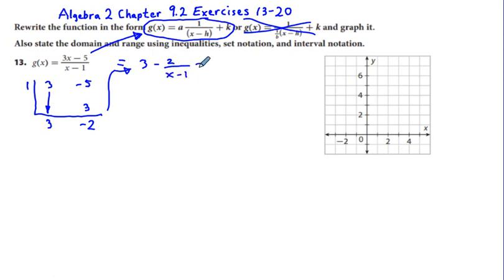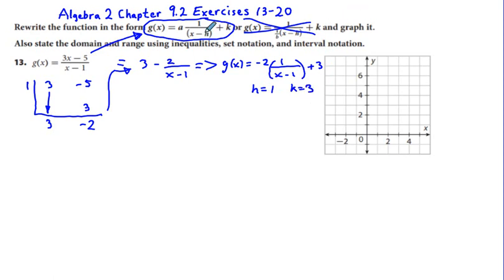And if we're going to write this in the standard form, I'm just going to call this g of x also. g of x equals negative 2, which is our value of a, times 1 over quantity x minus 1, plus 3. So in this instance we have h is equal to 1 and k is equal to 3.